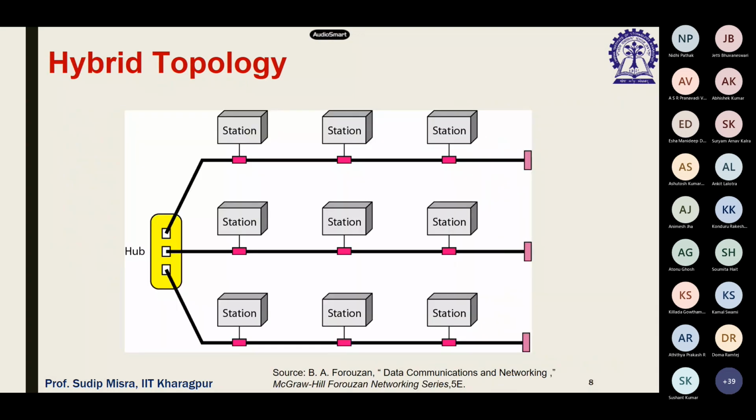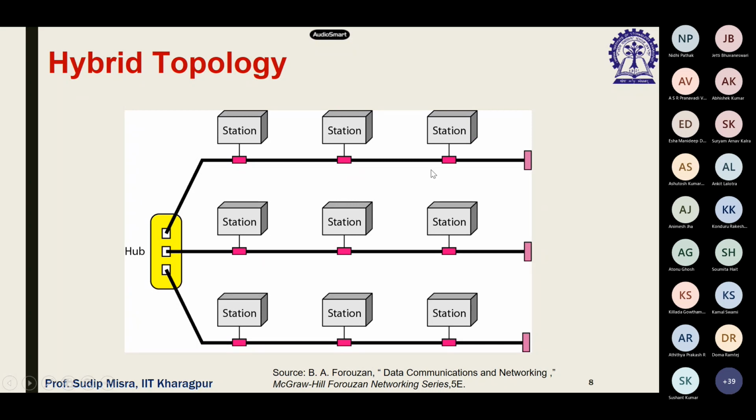Now comes the hybrid topology. Hybrid topology is a generic kind of topology where you can have different types of topologies being combined. It's a hybrid of multiple different types of topologies, not just the bus and the star, but multiple different types of topologies can be combined, right? So for example, over here you see that each of these is a bus topology.